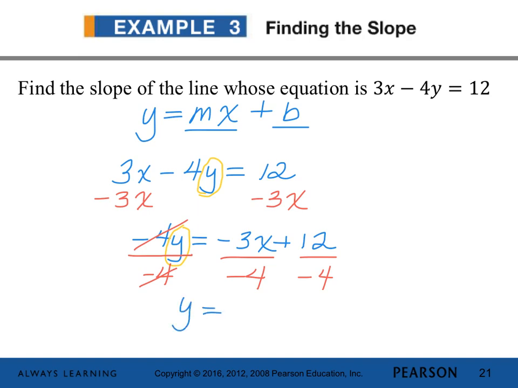Y equals -3 over -4 is 3 over 4 times x, and then 12 divided by -4 is -3, and you can write that as y equals 3/4 x plus -3, or you can just realize that it is y equals 3/4 x minus 3. Either way is fine.